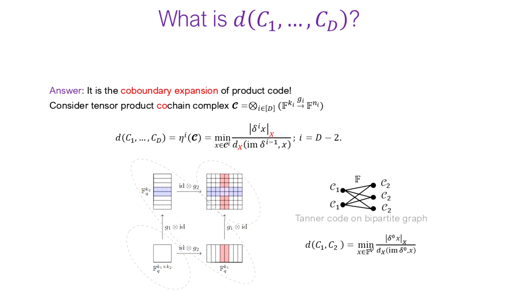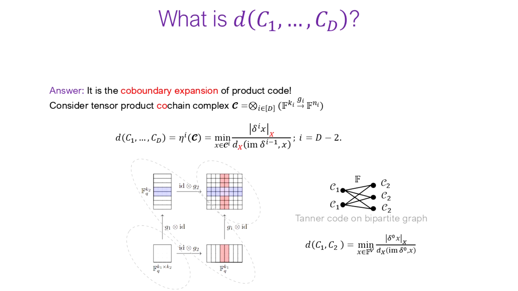And so this distance that I mentioned corresponds to the following. In the high-dimensional case we have many levels. For the product of 2 codes we do not have many levels, so it's not very interesting. But if we consider the tensor product of many codes, then we have a chain complex that corresponds to this tensor product code, and this chain complex is just a tensor product of the corresponding chain complexes, as shown here.